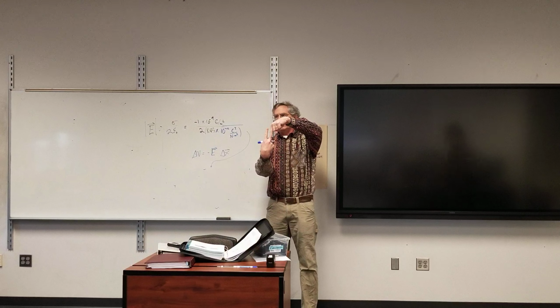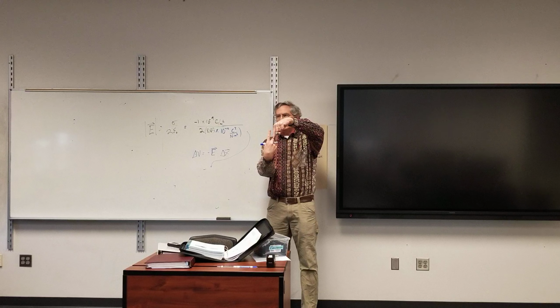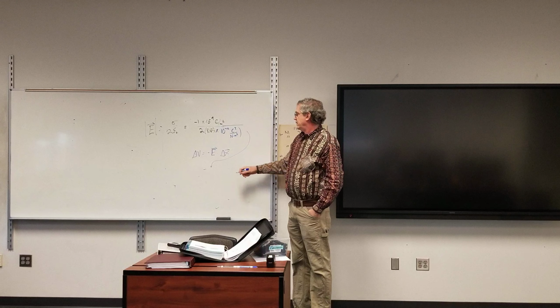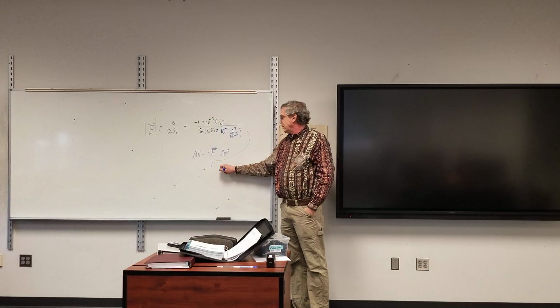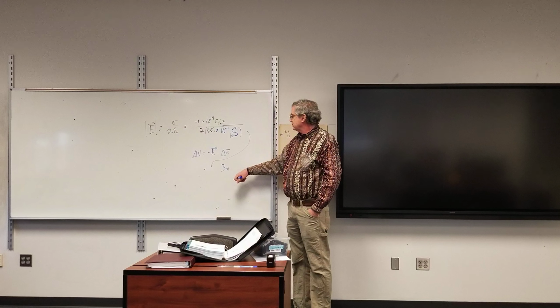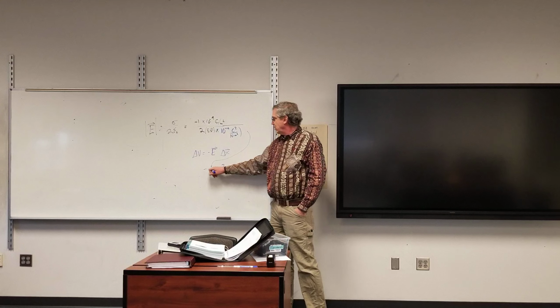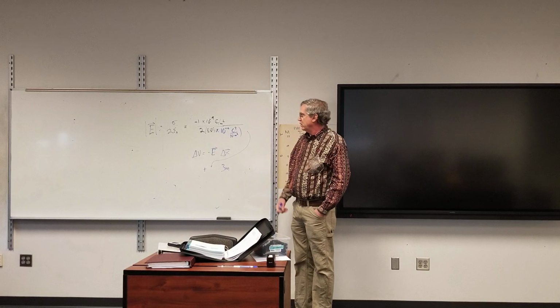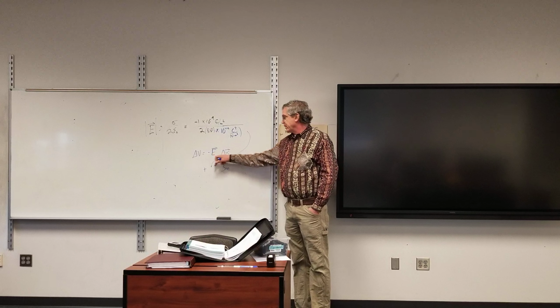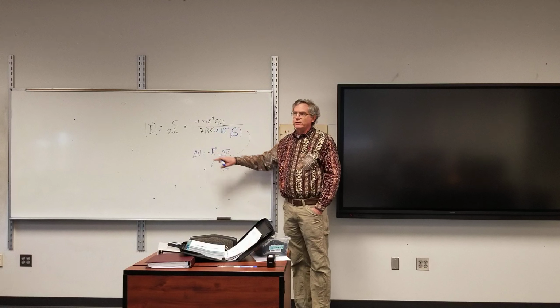I'm going this way, so I'm going to have a drop in electric potential because the electric field and the direction I'm going in are opposite. And so times 3 meters. Then, actually, we'll have a gain in potential, because the dot product will give me a negative, and then the negative sign there.